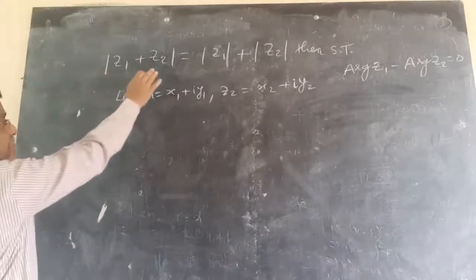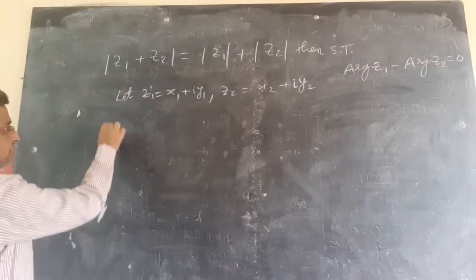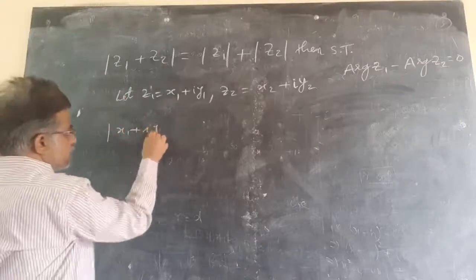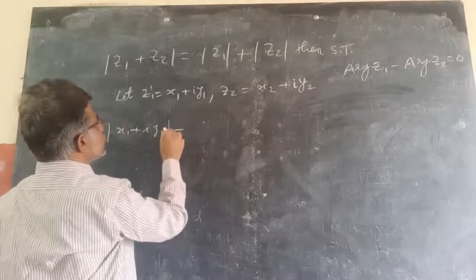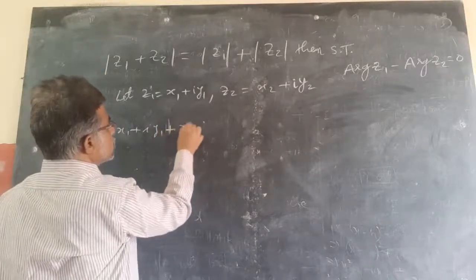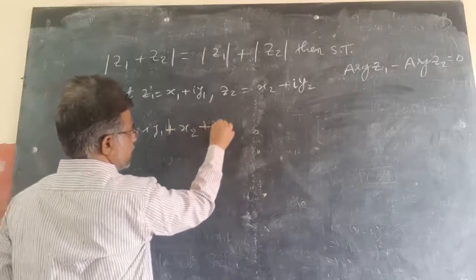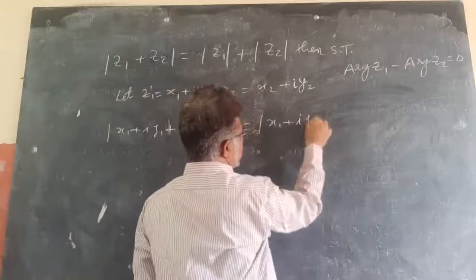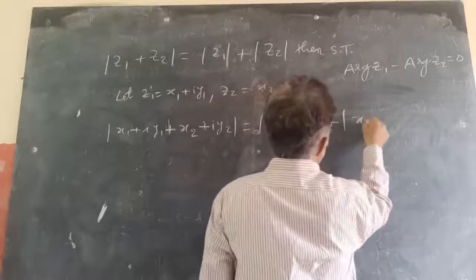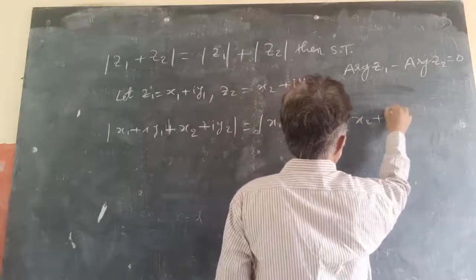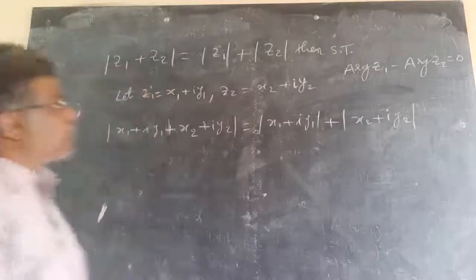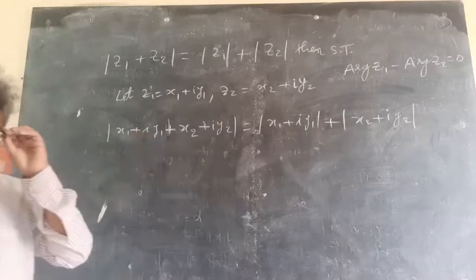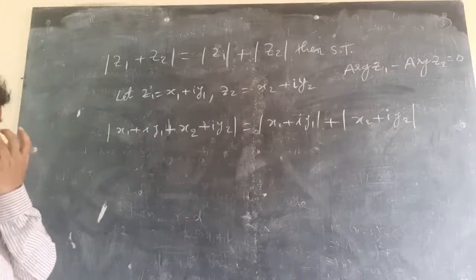Now he is giving modulus of Z1 plus Z2, which means modulus of x1 plus i y1 plus x2 plus i y2 equal to modulus of x1 plus i y1 plus modulus of x2 plus i y2. Then what can you do?